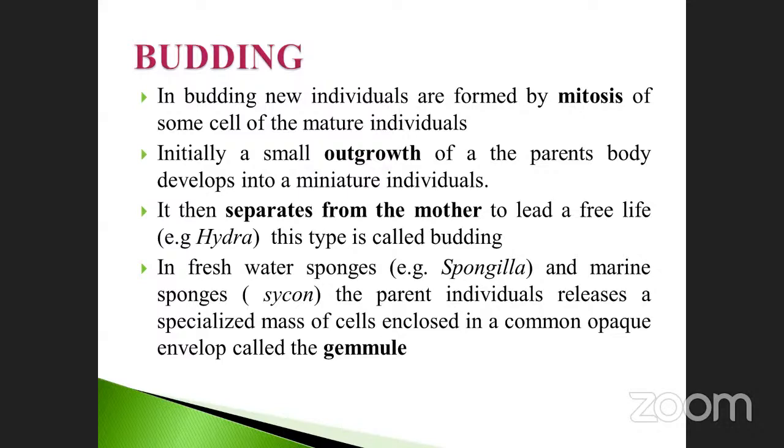The parent individual releases a specialized mass of cells enclosed in a common opaque envelope called gemmules. Gemmules are similar to minute buds present inside the envelope. It is opaque, meaning it is not easily transparent.